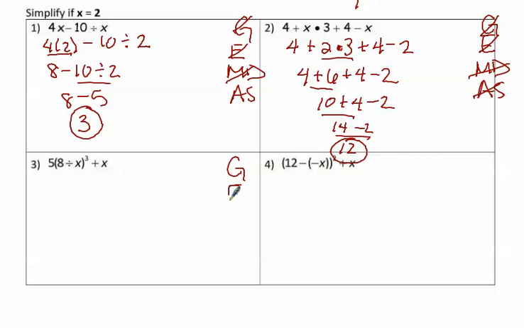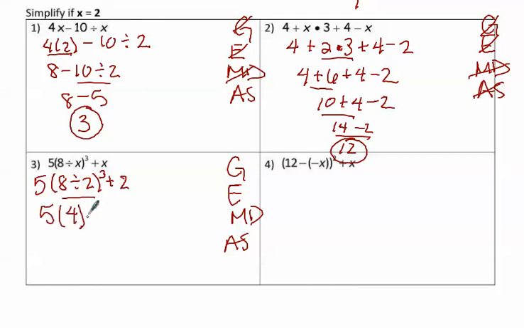Problem 3. First step is to substitute 2 in for all x's. Now I look at my grouping, which is 8 divided by 2, which is 4. Keep the parentheses there because you have an exponent on the outside.